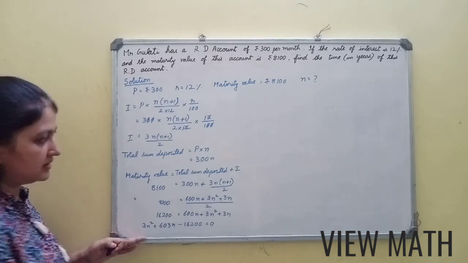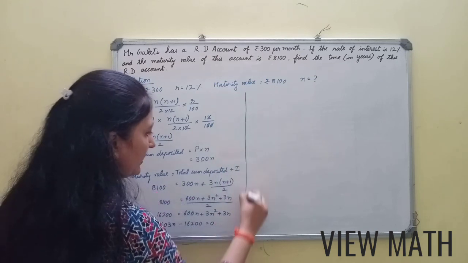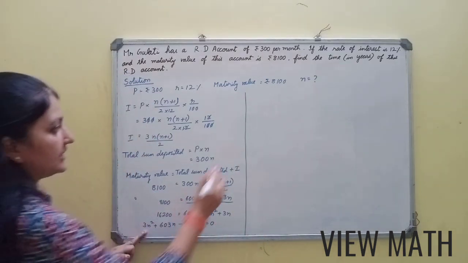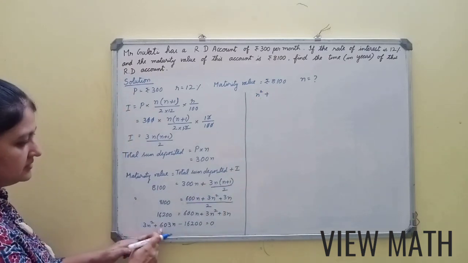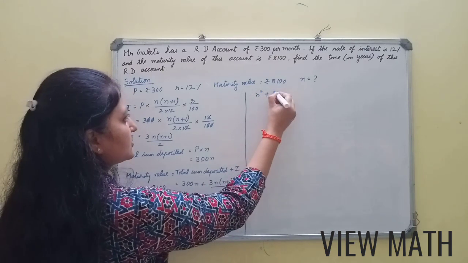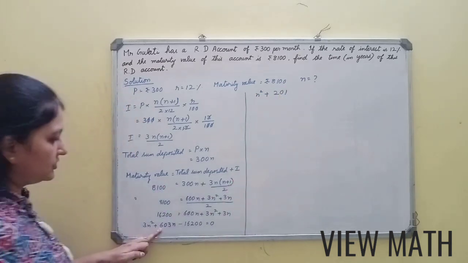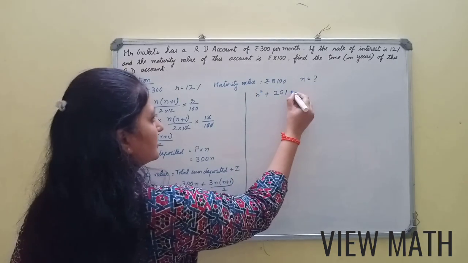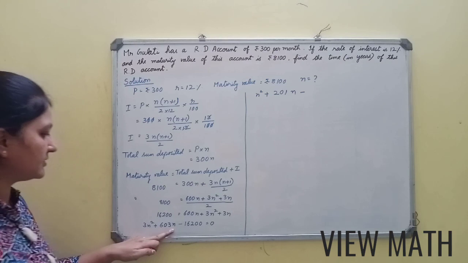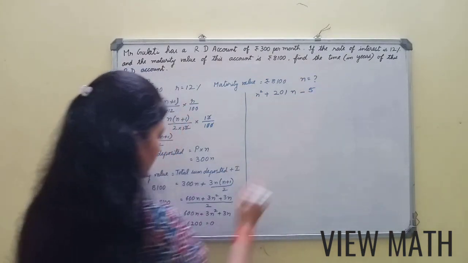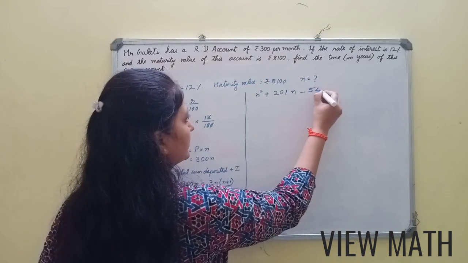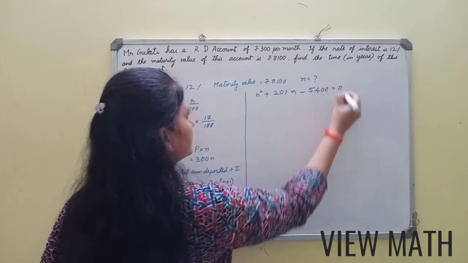Let me cancel. 3, if I cancel, I get n square plus 201n minus 5,400, which is equal to 0.